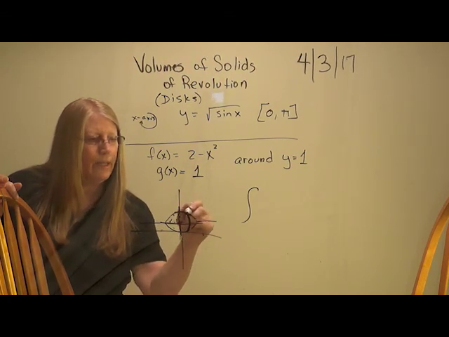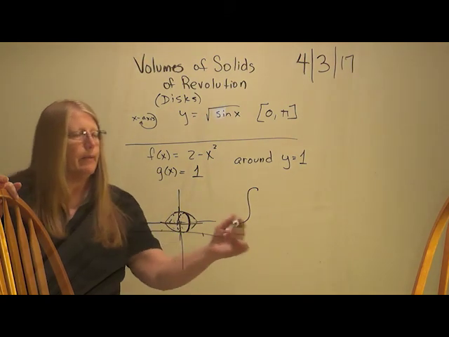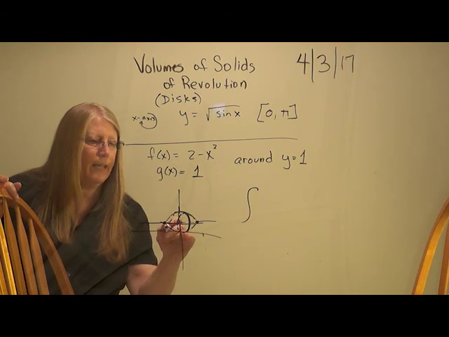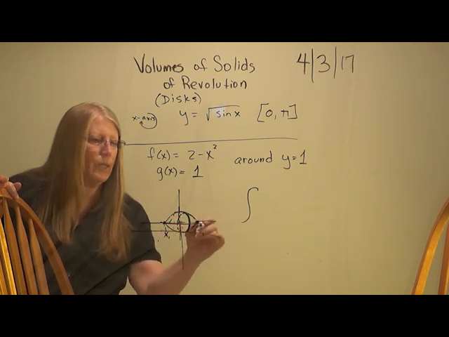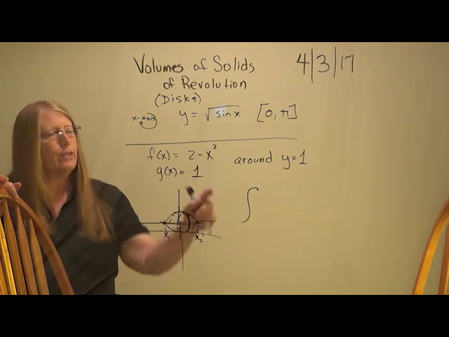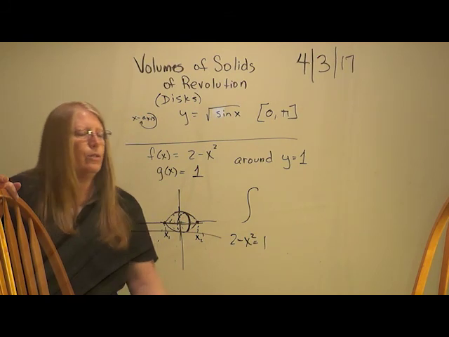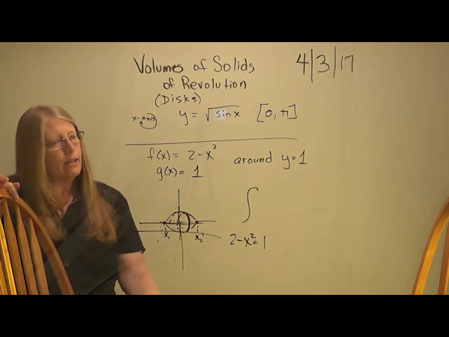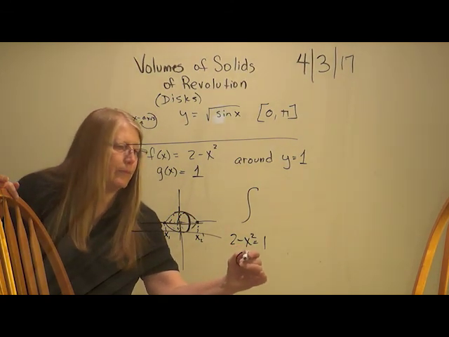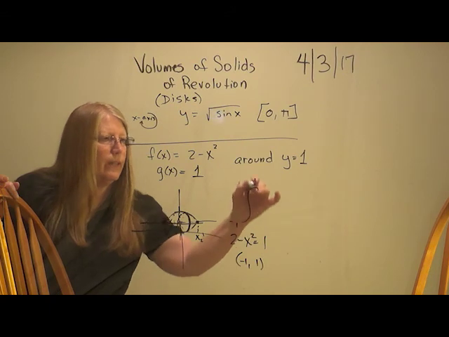I'm going to take one slice like this and add them up from what to what? Well, I need to know the intersection points, just the x values. x1 to x2. So I set these two functions equal, and when you do that, it turns out that we get 1 and negative 1. And you can verify that.